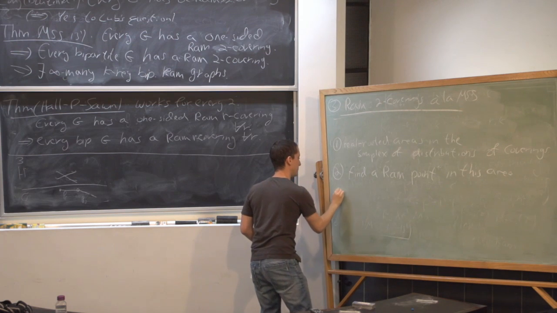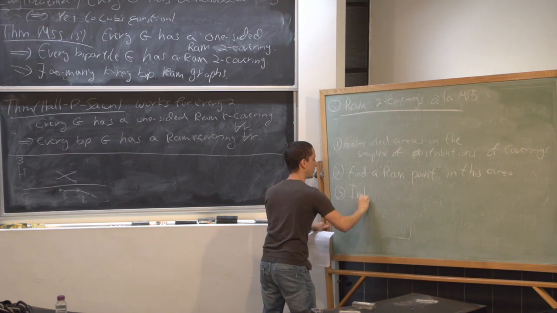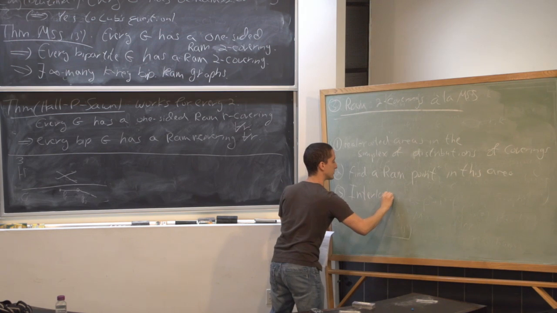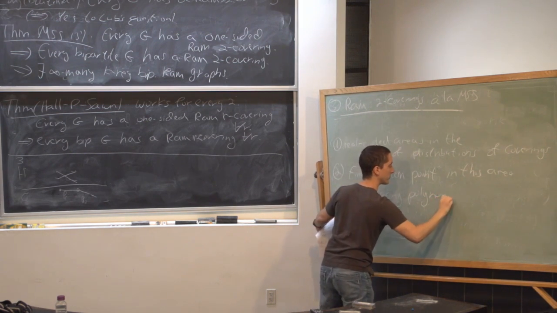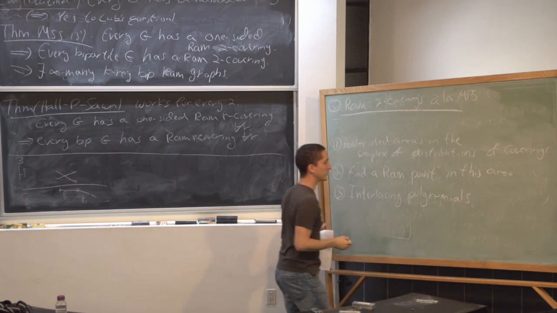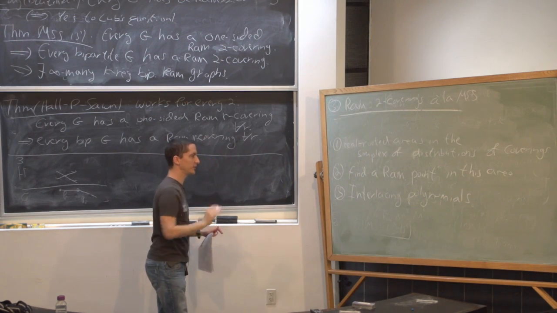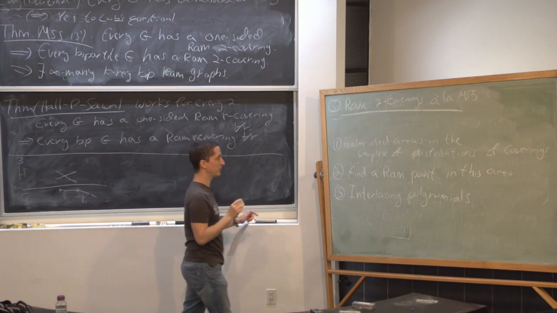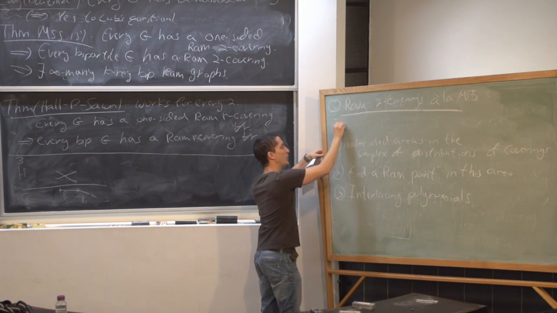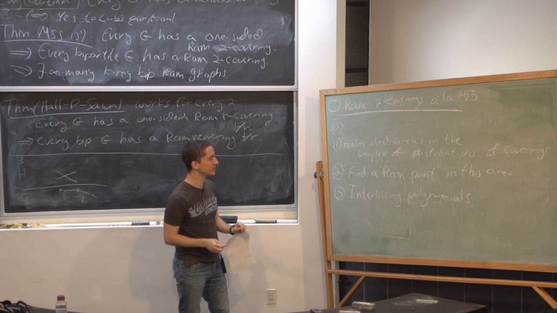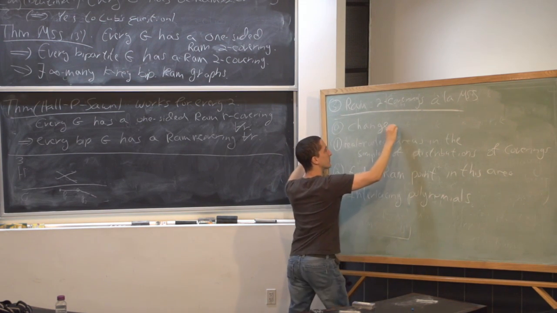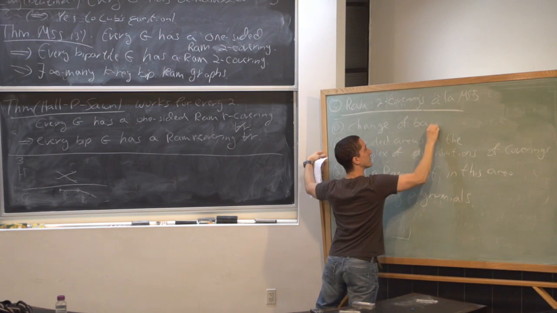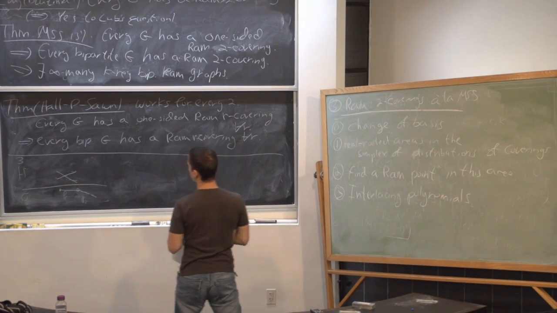And the third part is the method of interlacing polynomials. Okay, so to explain these three ideas, it is better to first do a zero stage, which is not important, but it makes things easier, which is a change of basis.